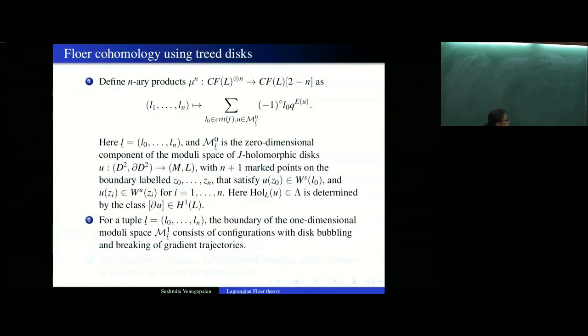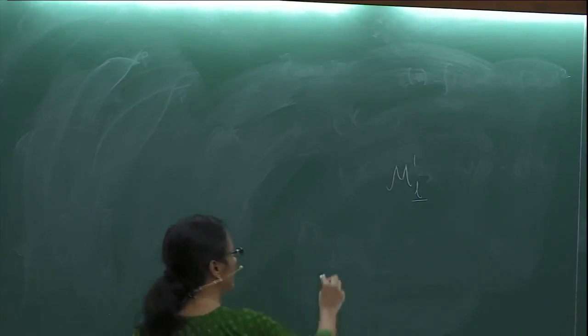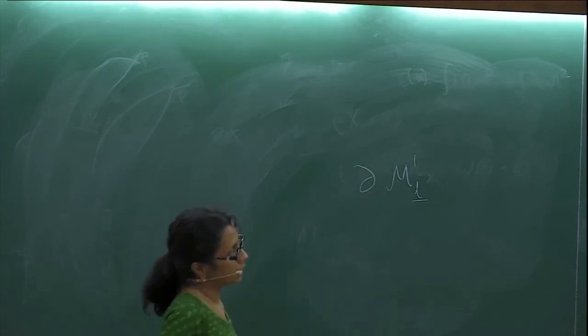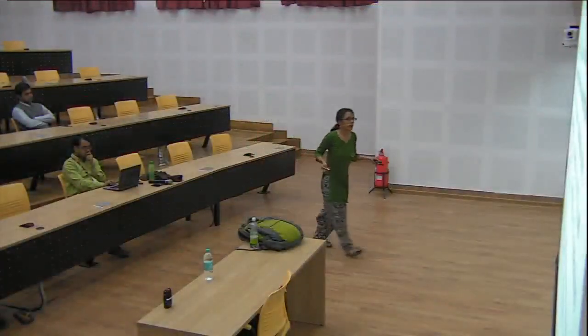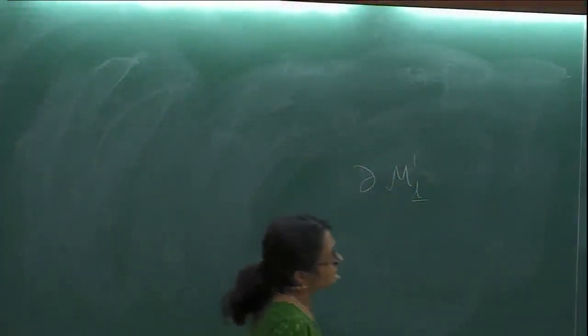Okay, so instead of the zero-dimensional moduli space, if I look at the one-dimensional moduli space, and you look at the boundary of that, let's ask ourselves the same question which we've been asking for some time now. What are the configurations that occur? We'll have breaking of Morse trajectories, and we'll have disk bubbling.